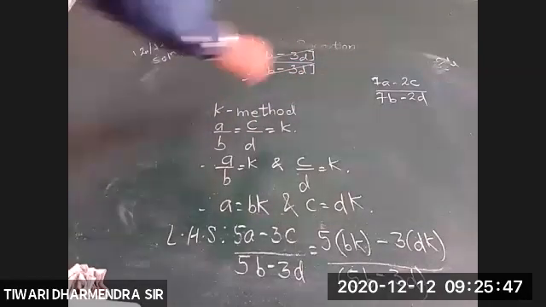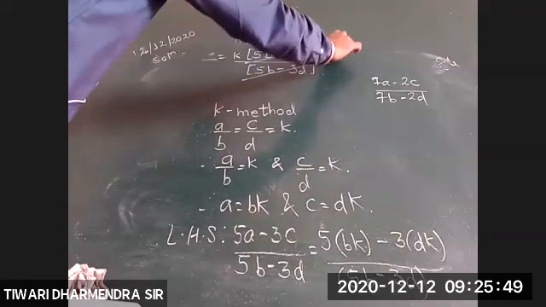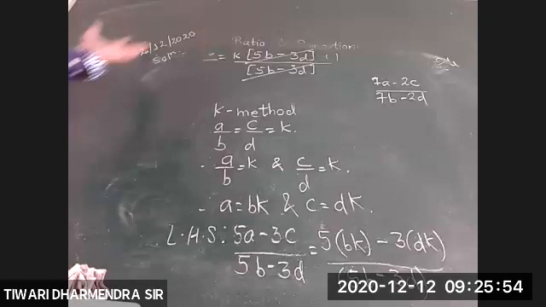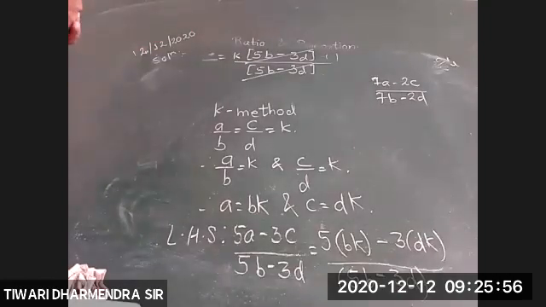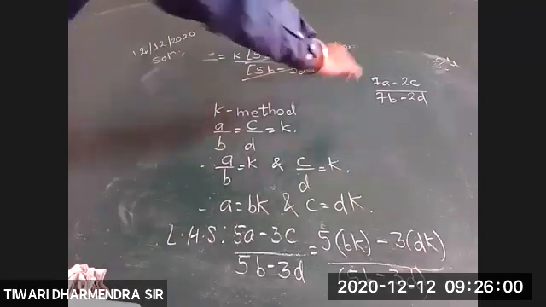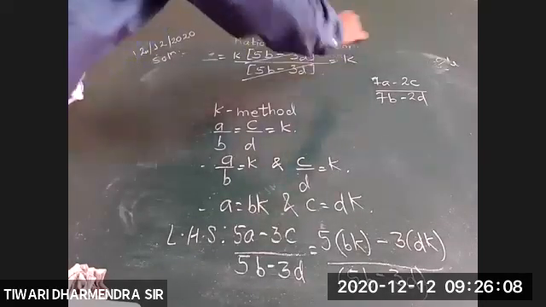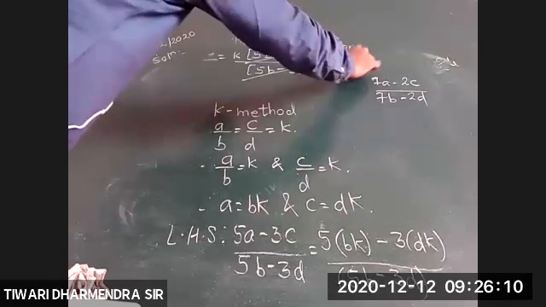If I would be having plus 1, it would be very difficult to cancel terms of this type. We would have to separate the numerators and then we can cancel. But in this case, we are not having any plus or minus present, so we can strike them out. And at last, what do we get? We get k, say equation number 1.